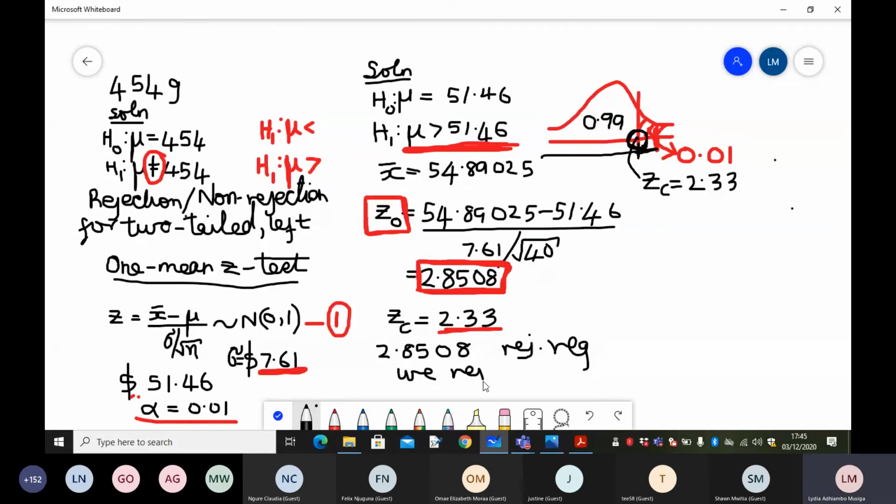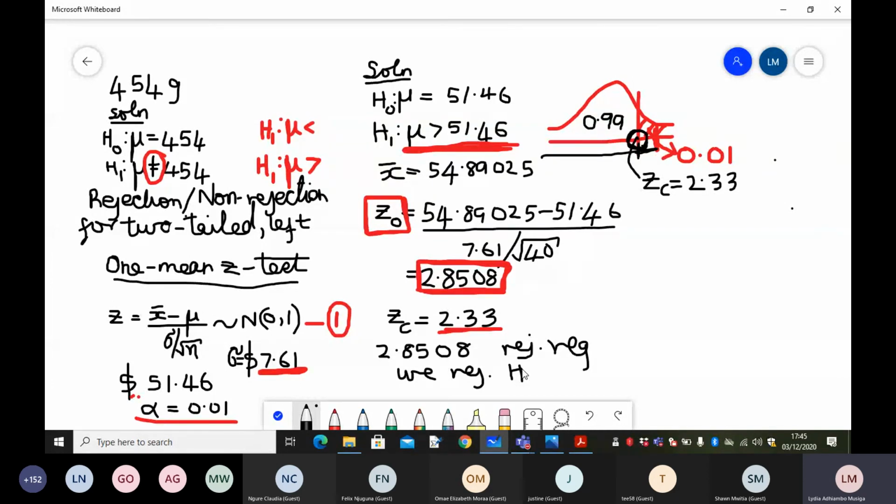We reject H naught. And if we are rejecting H naught, what does that mean? It means that the test results are statistically significant.